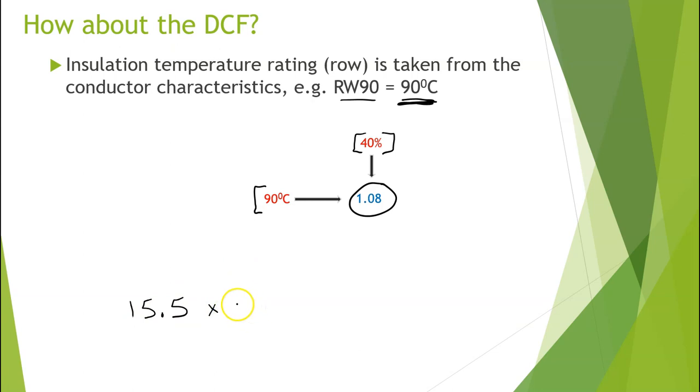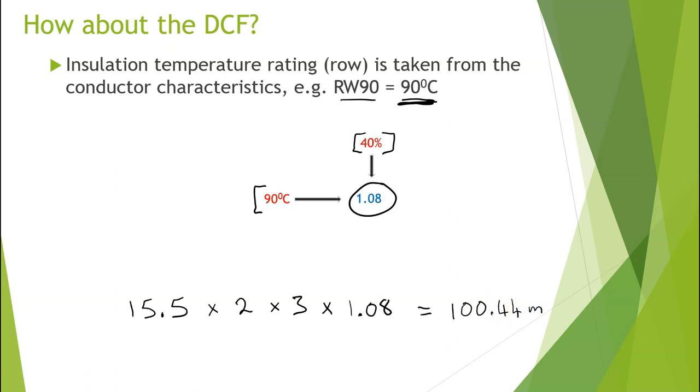We then get a times 2 multiplier for voltage, a times 3 multiplier for our voltage drop, and a times 1.08 multiplier for our DCF. And this gives us a grand total distance that we can run our number 10 conductors, feeding 10 amps at 240 volts, of 100.44 meters.